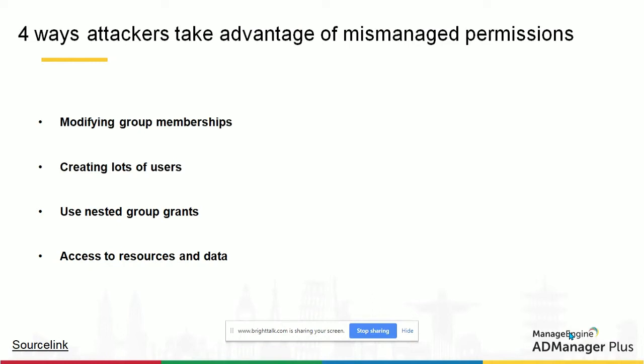An attacker can perform discovery and find out users who have access to Active Directory security objects and files and folders across file servers within your organization. So these are four ways attackers can take advantage of mismanaged permissions: modifying direct group memberships, creating lots and lots of users for persistence, using indirect or nested group memberships, and finally exploiting your resources, your gold, your files and servers, and your security objects.